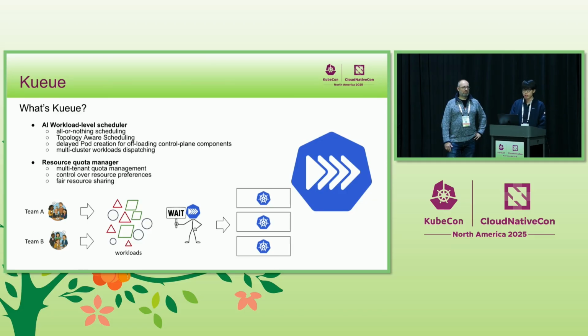It also supports multi-cluster workload dispatching, which is called MultiKueue. Also, it works as a resource quota manager, checking the resource usage and then admitting or suspending the workloads based on that. It also supports resource preferences and fair sharing. Those richer features are implemented in Kueue.